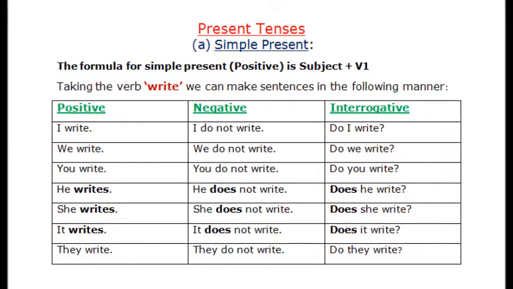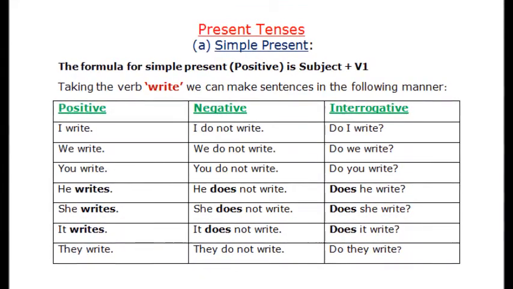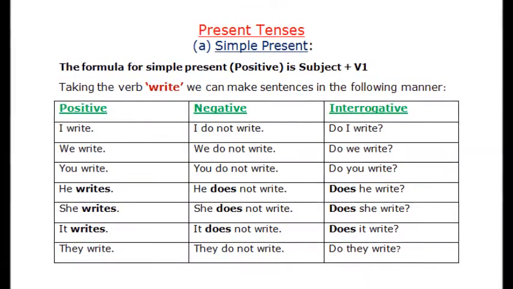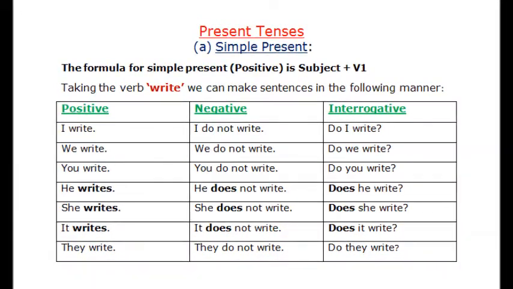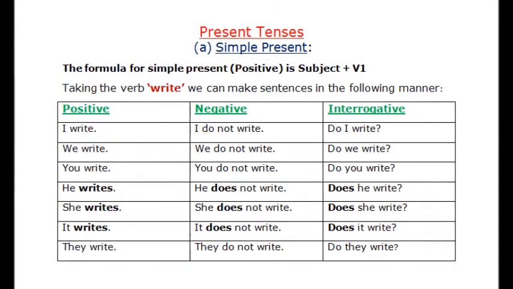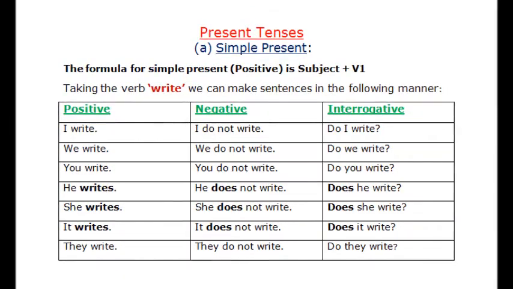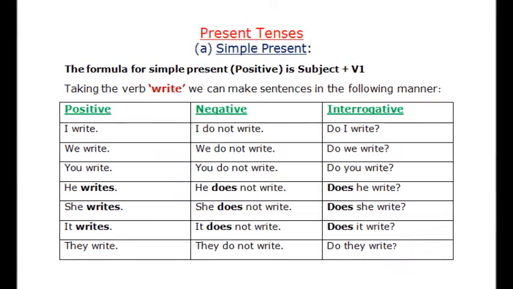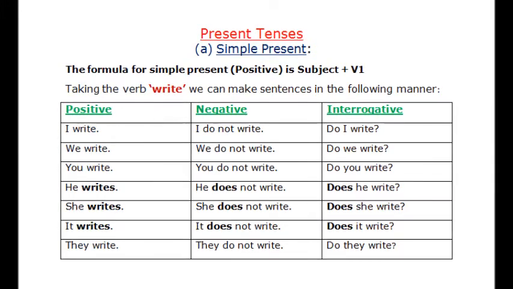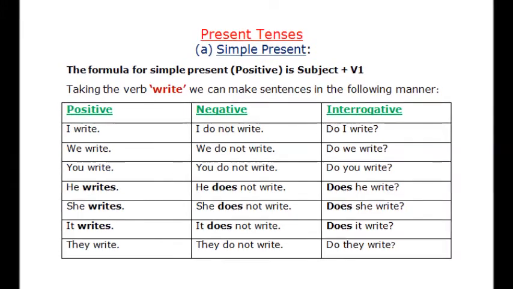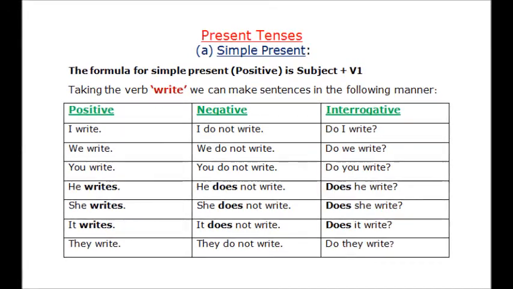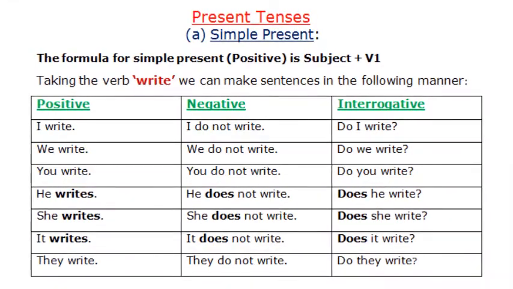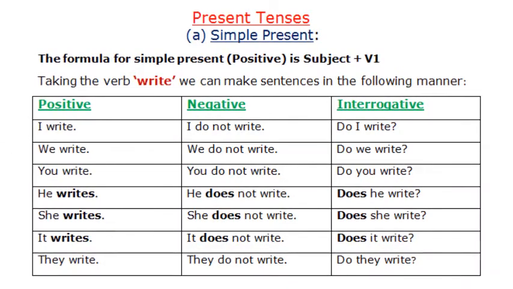That means, with the example write, I am going to explain all the tenses to you. Now, in simple present tense, positive, how to write? First, the first person singular, I, and the verb should be in the base form.